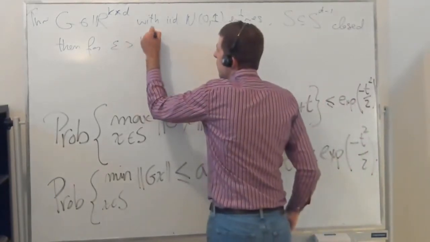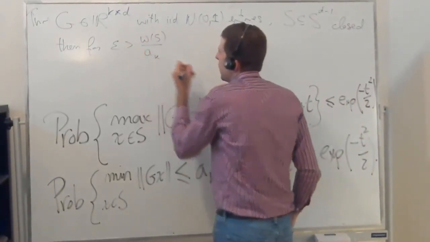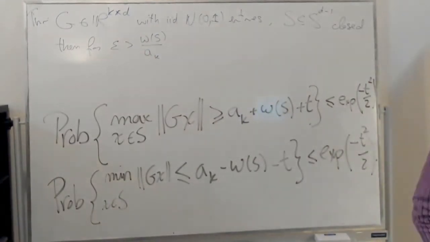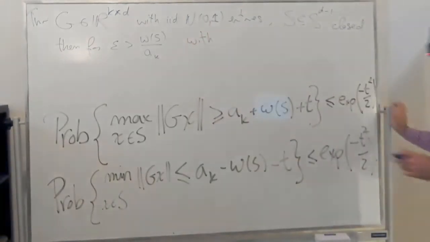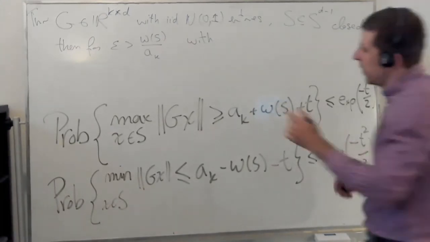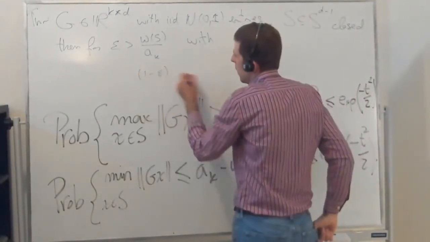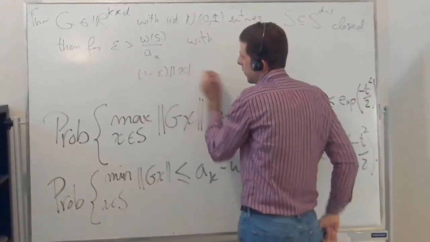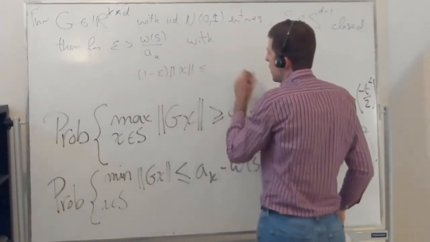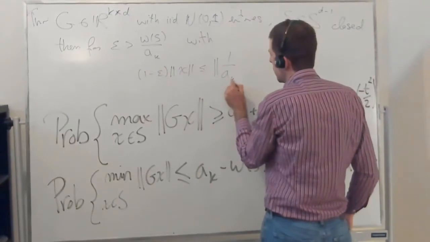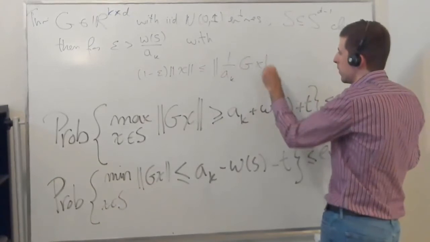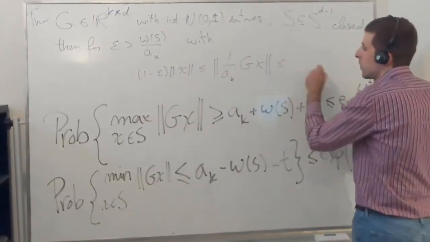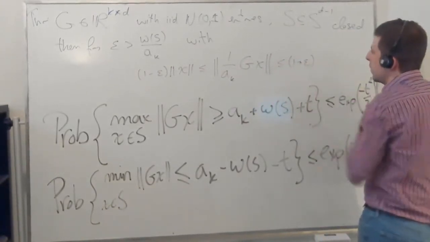So if epsilon is bigger than WS over AK, then with very large probability, we'll see in a bit what it is, this will keep the norms up to epsilon.